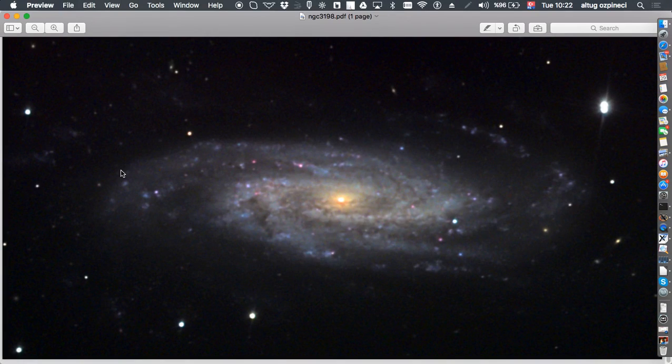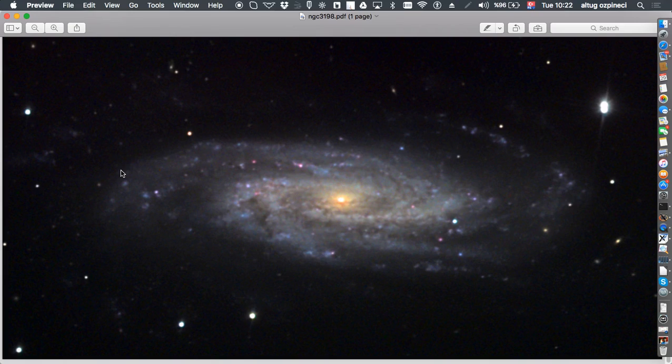Now, this is a galaxy. Let me close the lights. This is a galaxy that just looks like the Milky Way. And you see that it is also flat.